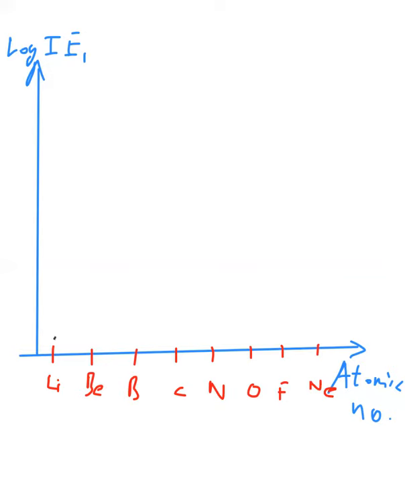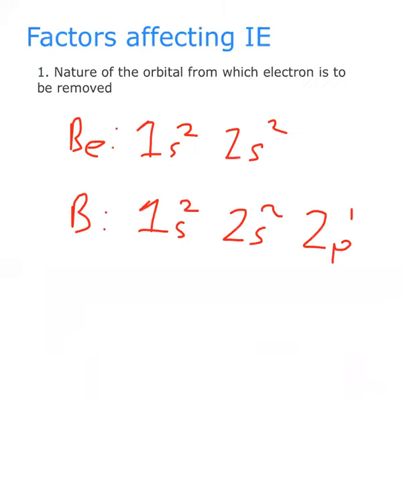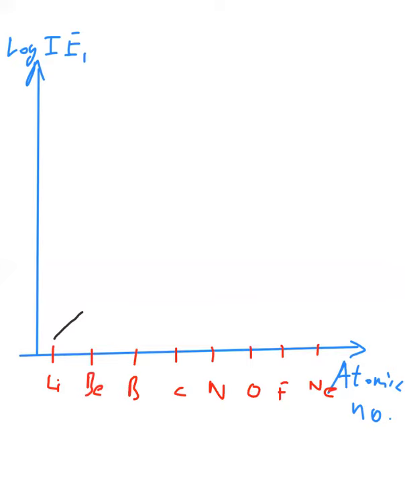From lithium to beryllium, it increases, but for boron, as we saw earlier, the orbital from which the electron has to be lost is further away from the nucleus. So for boron, the ionization energy decreases. There is a small dip. Then for carbon and nitrogen, it increases.